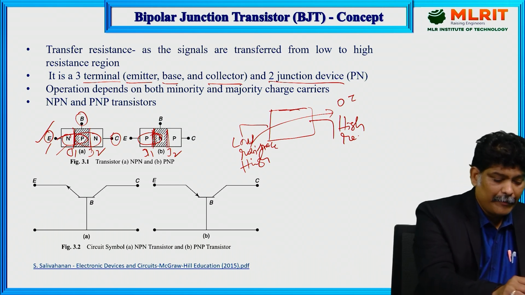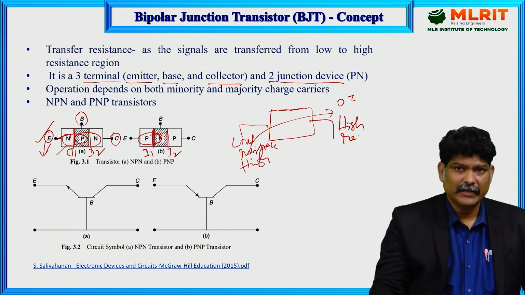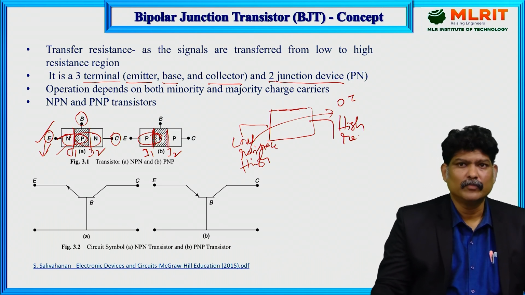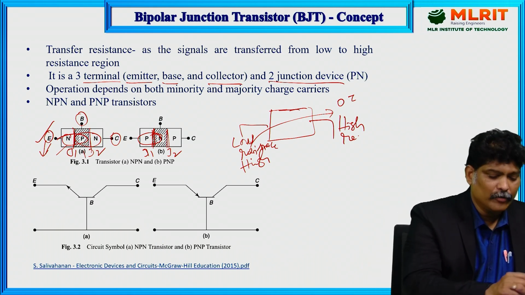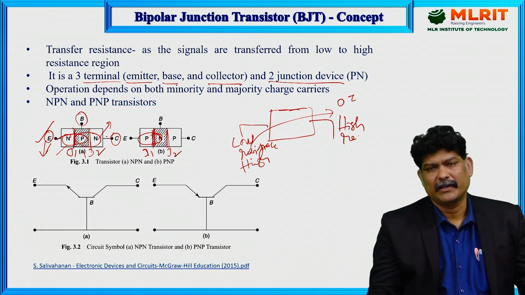Coming to the doping concentration, the emitter is heavily doped because it is supposed to supply a large number of charge carriers, the base is lightly doped, and the collector is moderately doped.